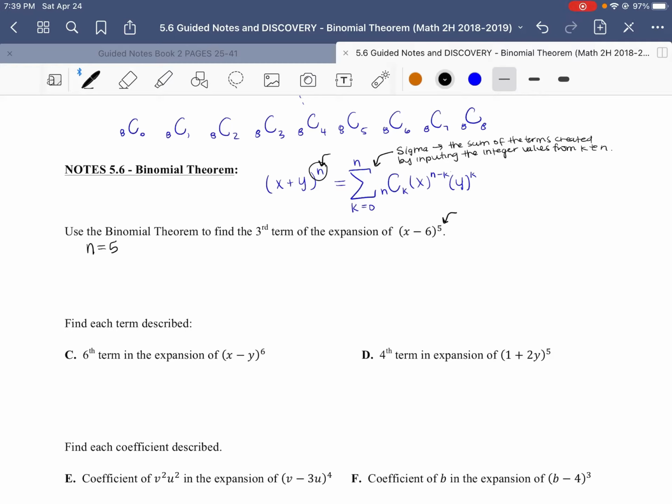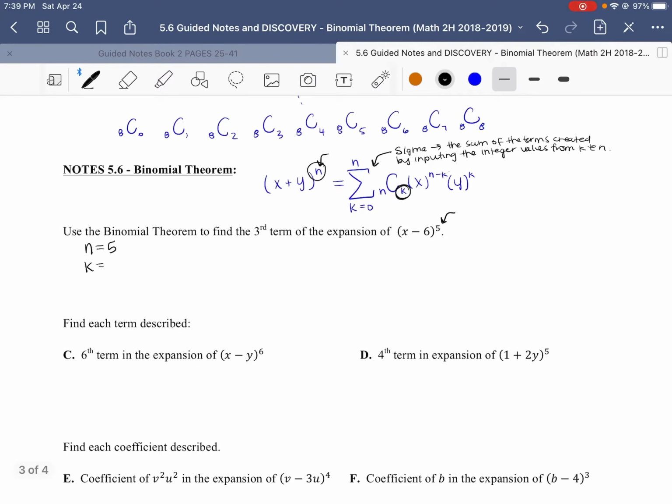Then I move to the pieces, the k value, because the k value tells us kind of the other part of our theorem here, which term that we're trying to find. Now, I want you to recognize in our binomial expansion using this combination notation for our Pascal's triangle, it starts with the 0th term. So k is equal to 0 in the first term of your expansion.